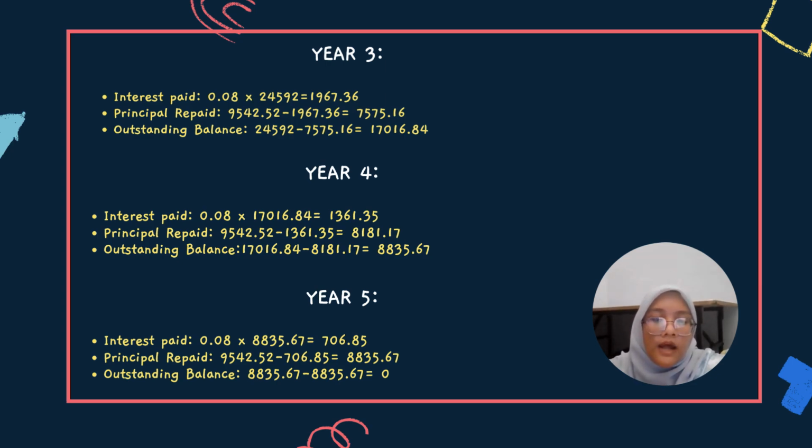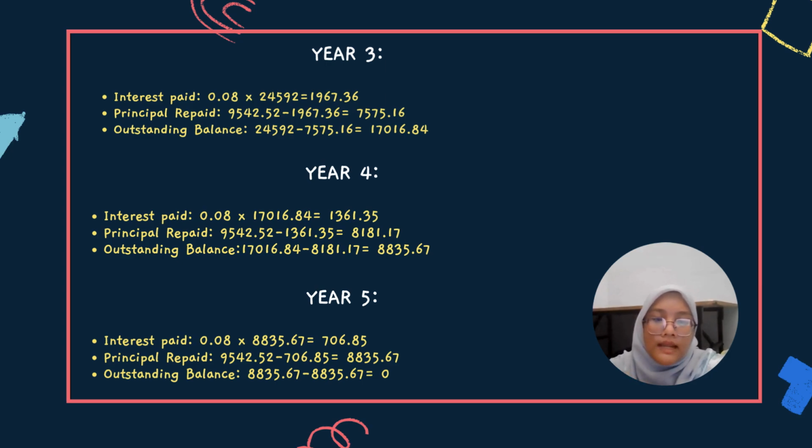Subtracting this interest from our payment leaves 7,575 ringgit 16 cents to reduce the actual debt, bringing our outstanding balance to 17,016 ringgit 84 cents. Year 4 and 5 follow this exact same calculation.